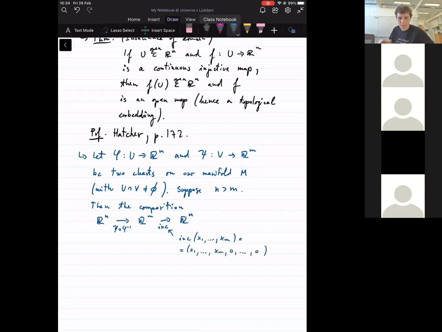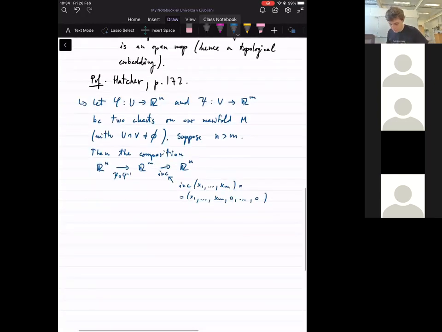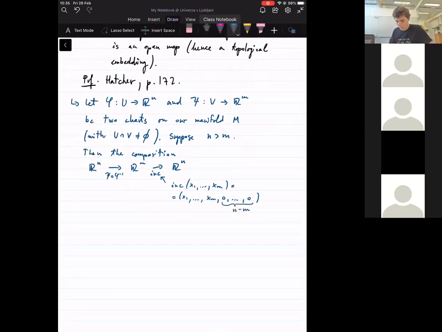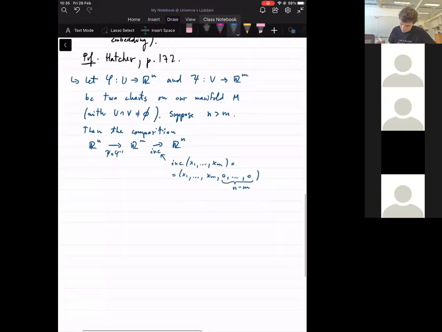We're just putting zeros in the last n minus m places. Okay, this composition is injective and continuous, right?